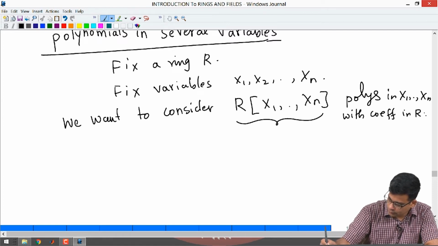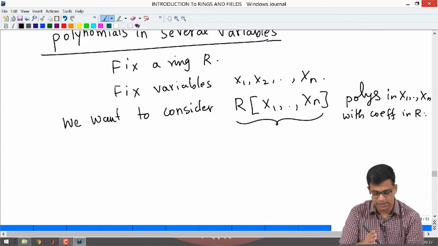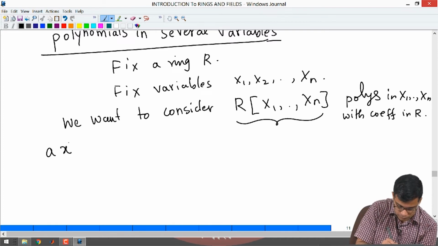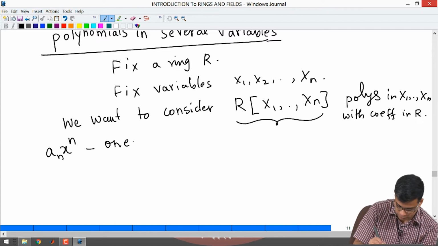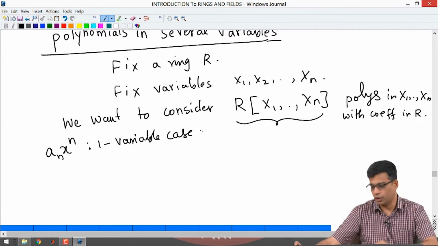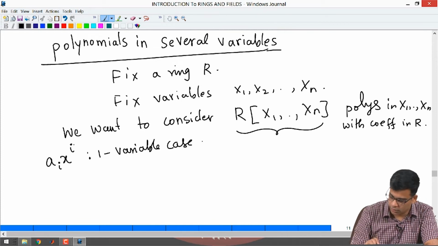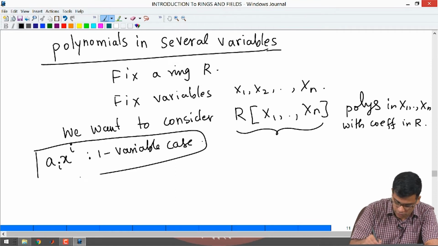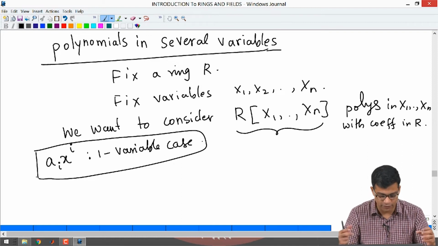in R. Okay. So, just like in the earlier case when you had monomials of this form, right, we had monomials of this form in the one variable case. What we will now have is, I will not write n because I have used it here. So, this is one variable case. If you remember, a polynomial is made up of terms like this, we add several of them together.